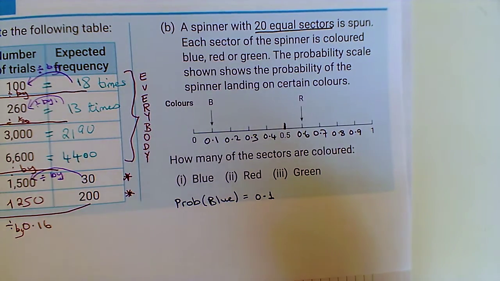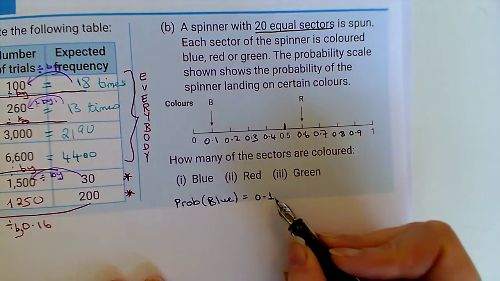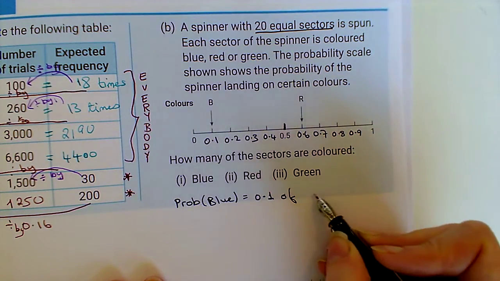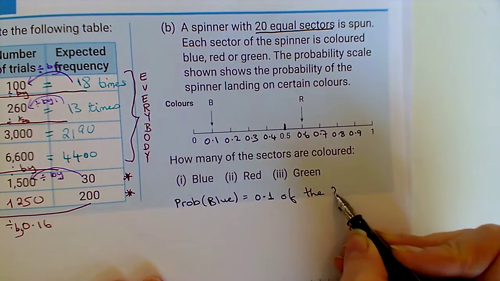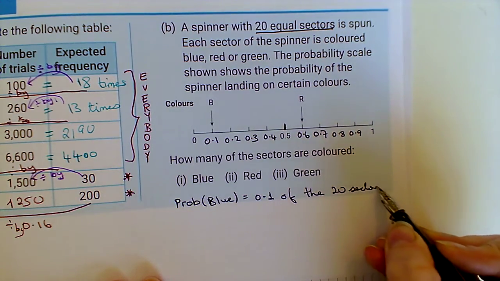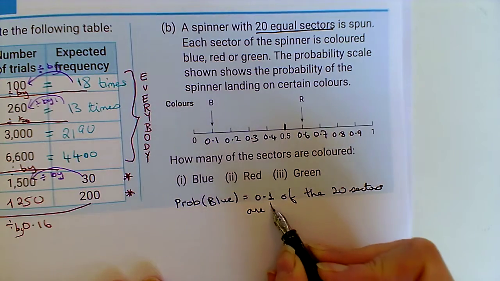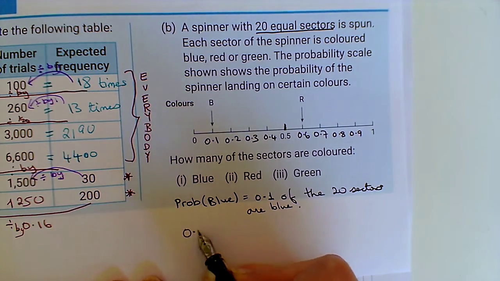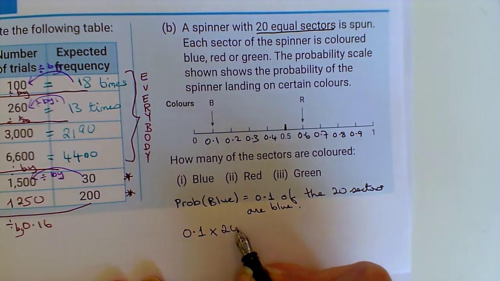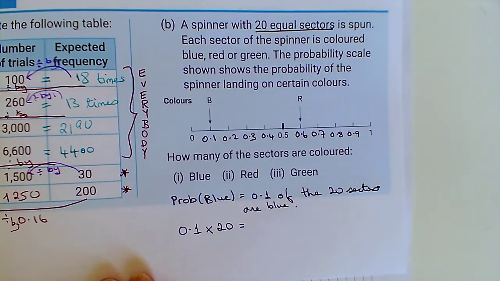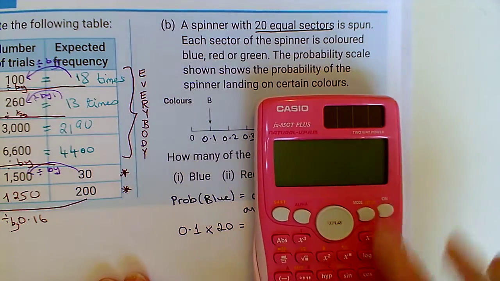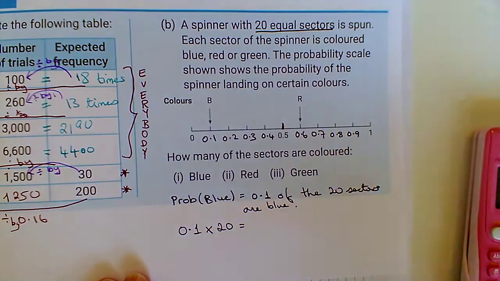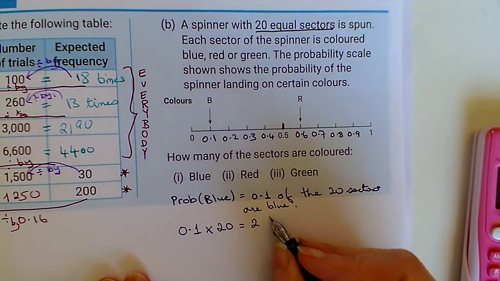So in a way, we're looking for the expected frequency. 0.1 of the sectors, 10% of the 20 sectors, are blue. And of means multiply. So it's 0.1 multiplied by 20, which gives us 2. 2 blue sectors.